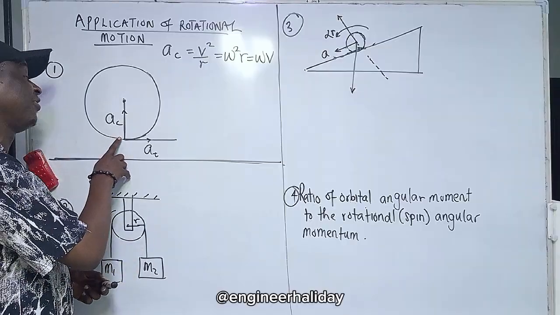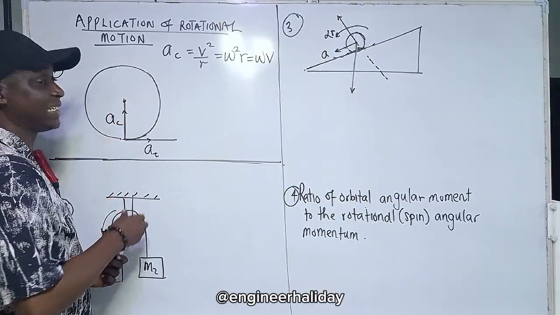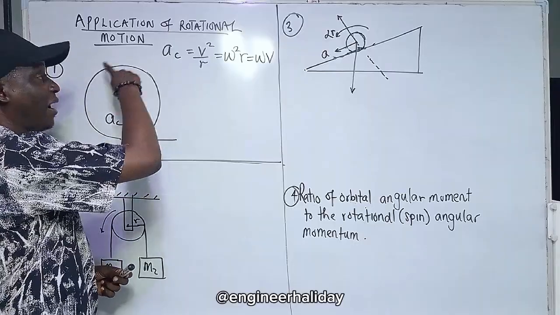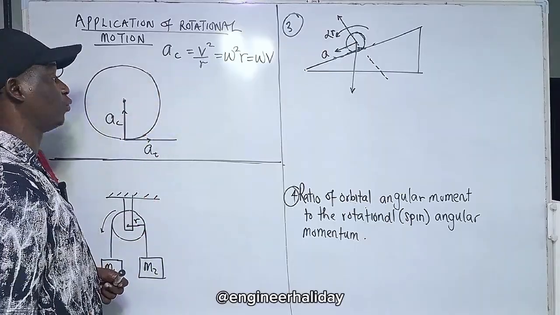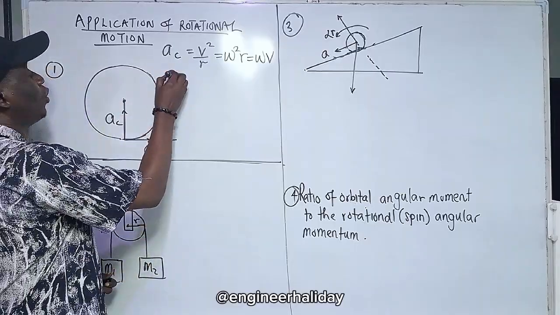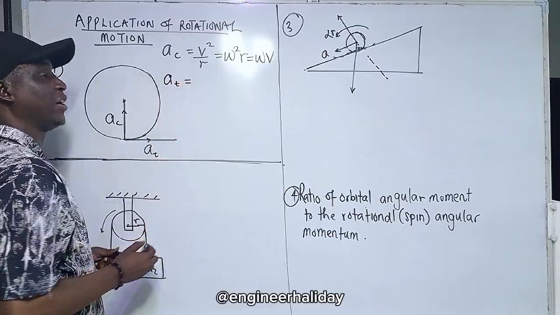It is an acceleration that acts toward the center that enables the body to rotate around the circular path. Then we have the tangential acceleration.